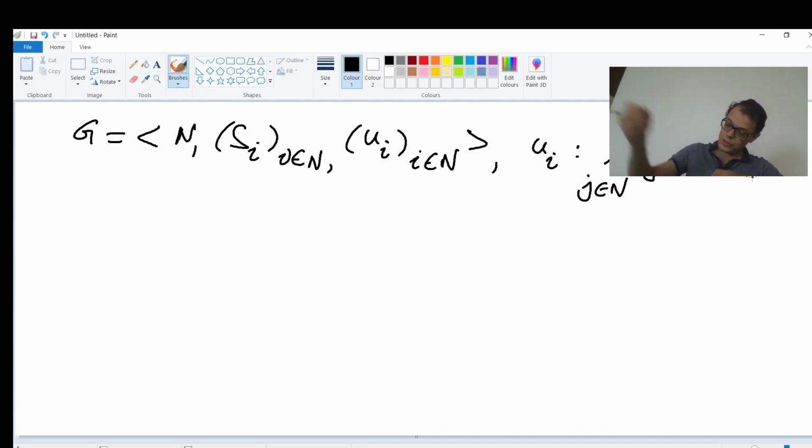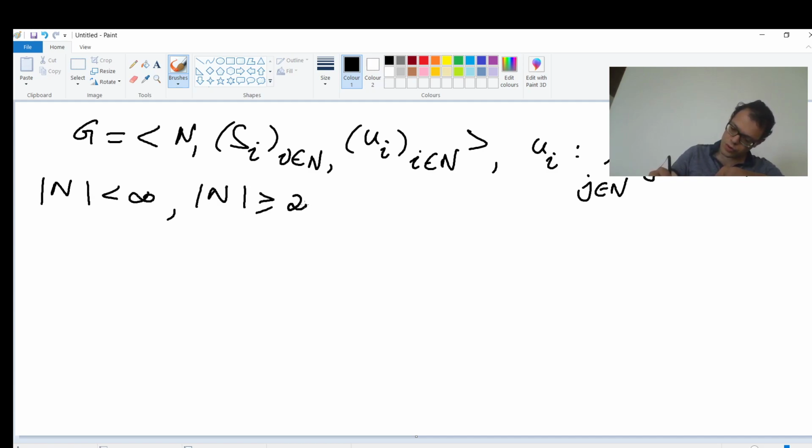Now, we assume that this N is finite. We can also assume that N is at least 2, because otherwise there is no interaction if there is only one player. So it can sometimes be interesting to say what happens if N is 1, a very interesting degenerate case. But a game is finite if not only N is finite, which is all we always assume, but if also all the strategies are finite.